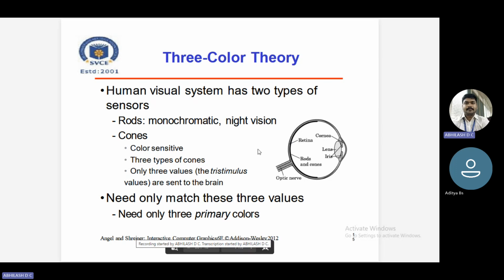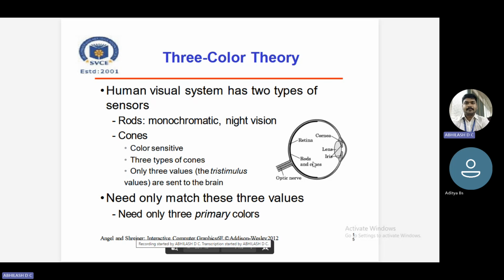So it is very important for you to write down these things. Cornea is the outer layer, iris is the muscle which varies the light which can enter the lens. The lens will make the image form on the retina. Retina is the back of your eye, and in the back of the retina we have rods and cones. Rods are activated in the darker region, that is in the night.